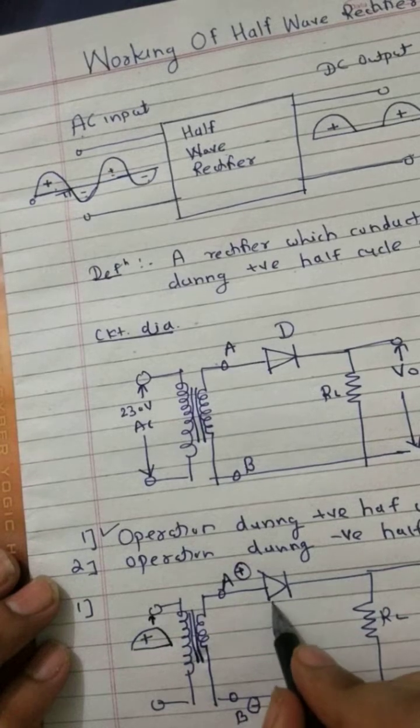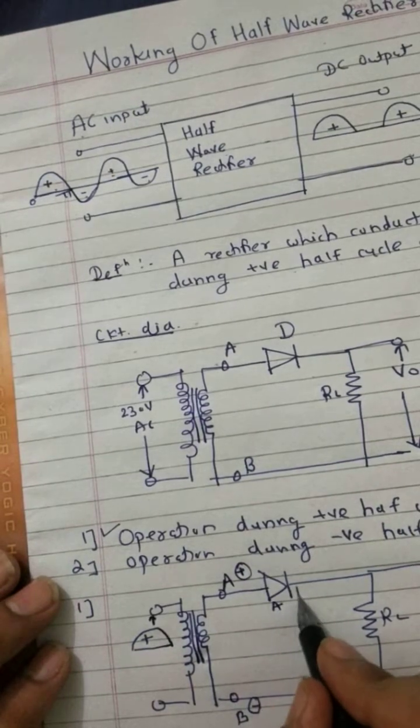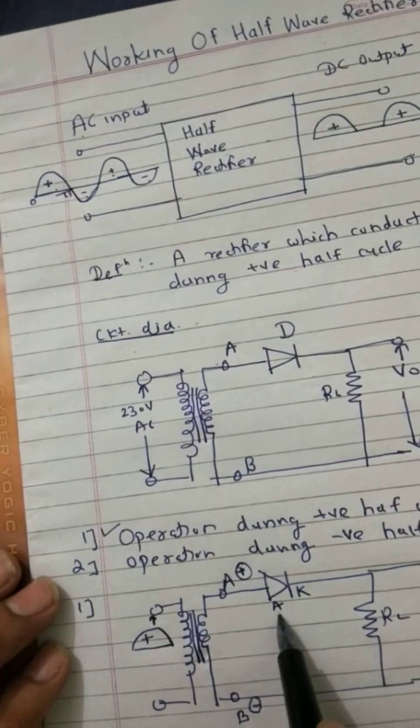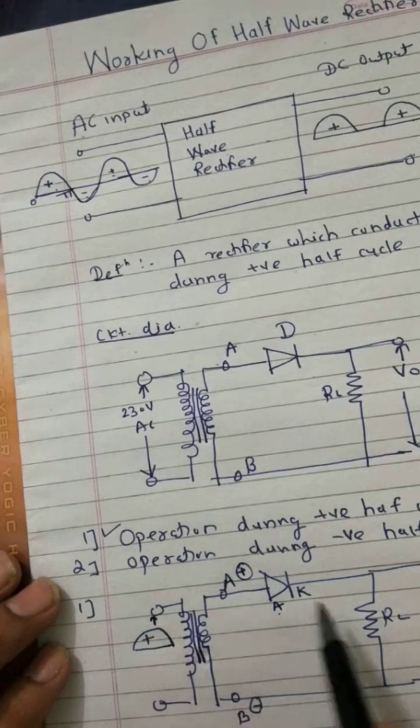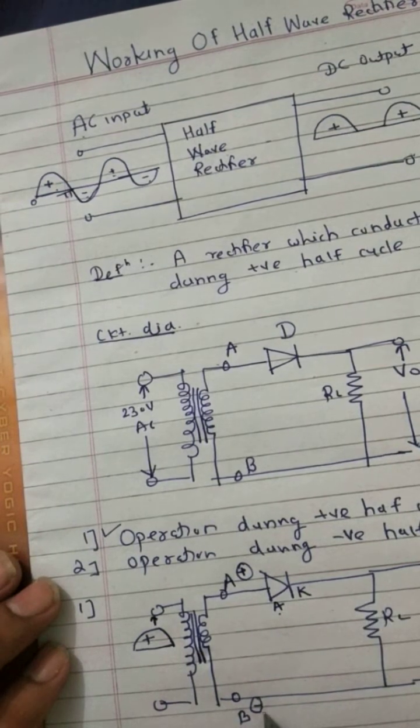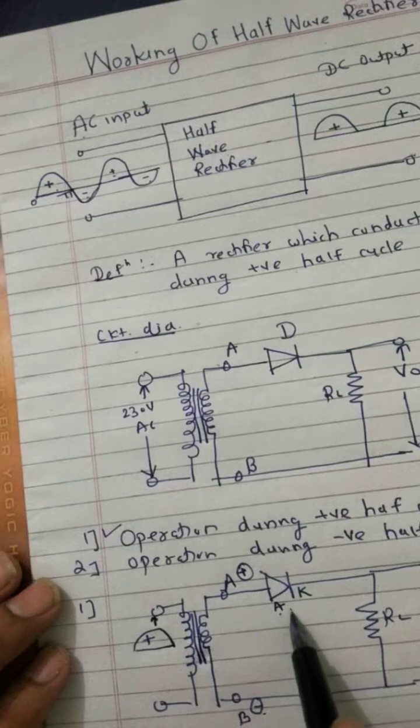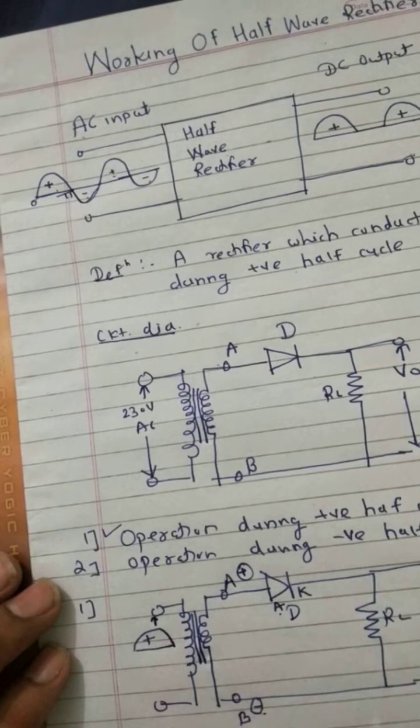Here it is the anode of the diode and here it is the cathode. So the anode is supplied with positive voltage while the cathode is supplied with negative voltage. Hence this diode D is forward biased during the positive half cycle.